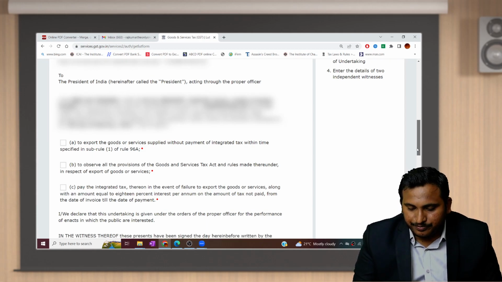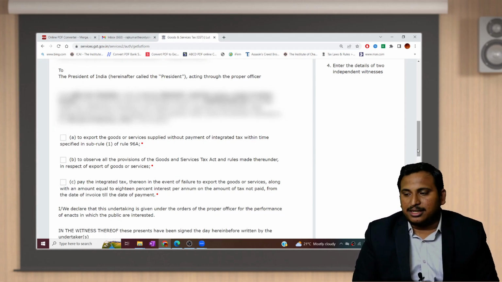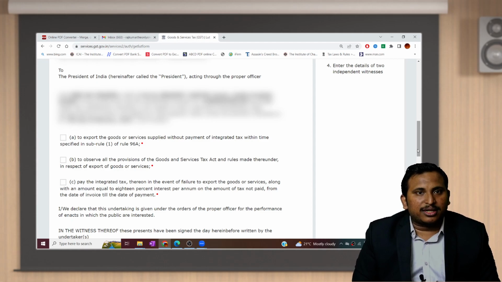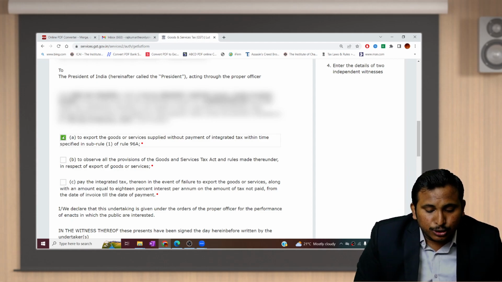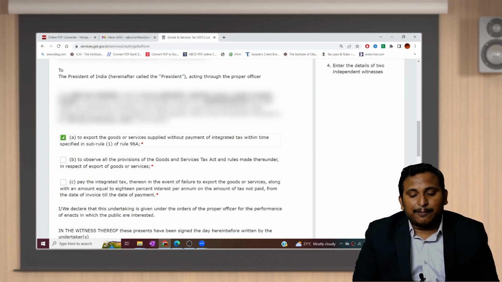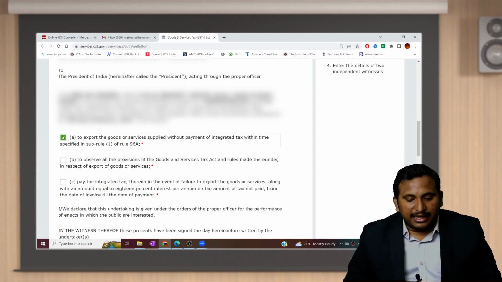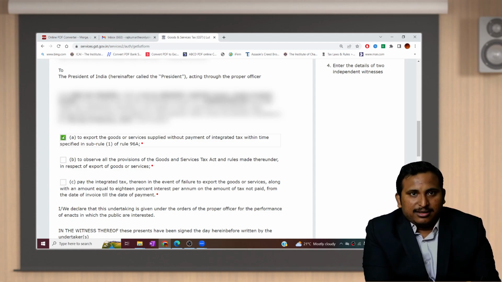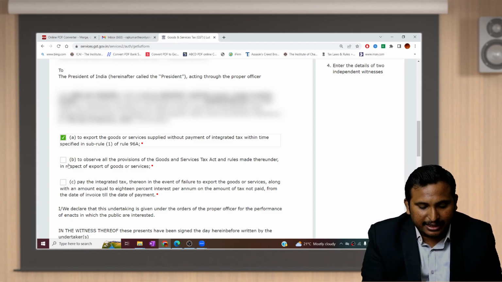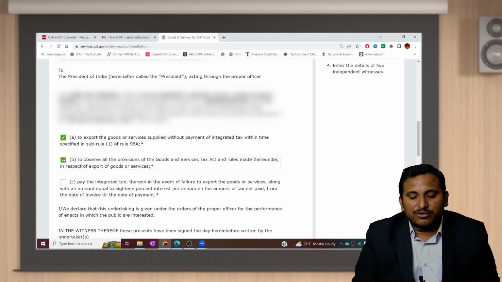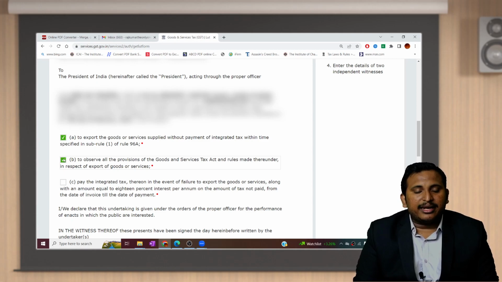Now please observe, there will be three boxes that we have to tick. What are the three boxes? First: to export the goods or services supplied without payment of IGST within the time specified. You first agree, that is, please allow me to export without payment of tax. Second: to observe all the provisions of the GST Act and rules made thereunder in respect of export of goods or services.